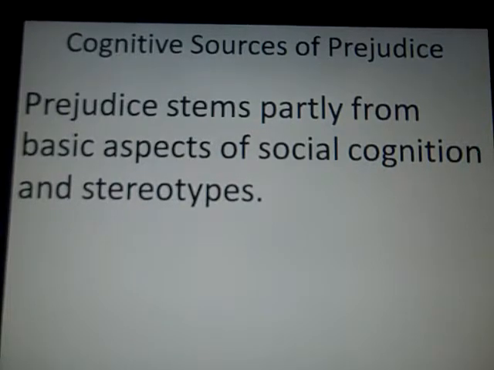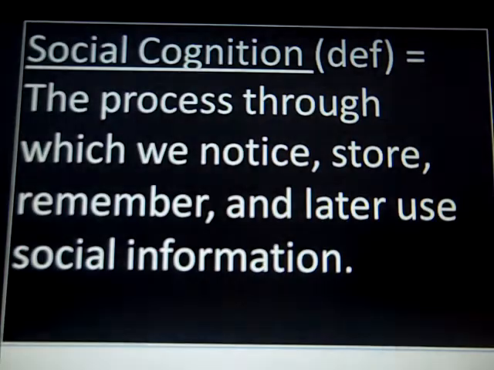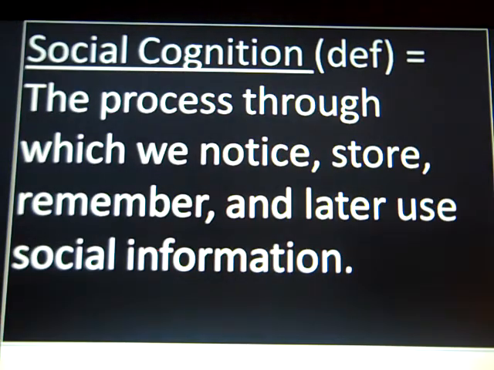Cognitive sources of prejudice. Prejudice stems partly from basic aspects of social cognition and stereotypes. Social cognition, this is the process through which we notice, store, remember, and later use social information. Earlier in the class, we talked about attention and the different types of attention that we can pay.